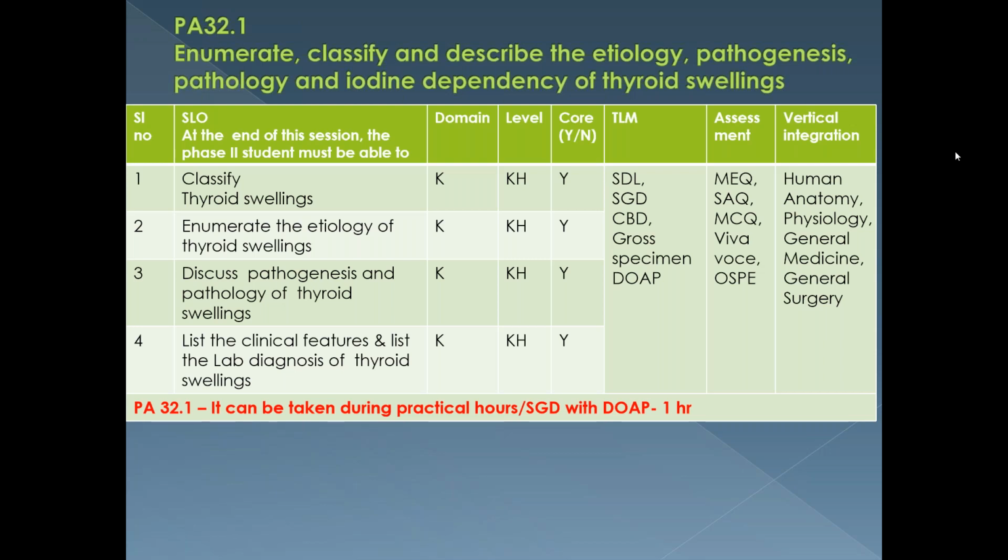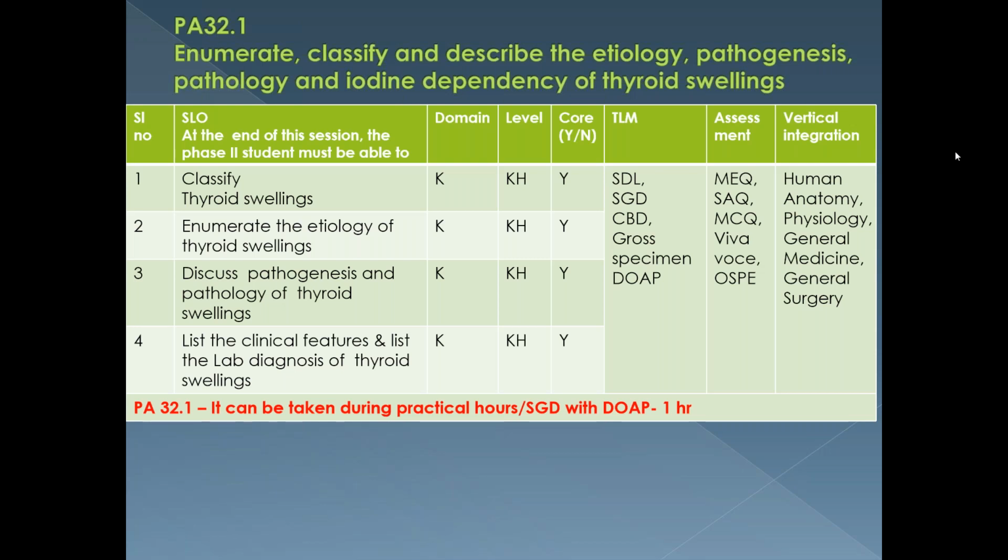Assessment methods would be modified essay type questions, short answer questions, multiple choice questions, Viva voce, and OSPE. And vertical integration has been advised with human anatomy, physiology, general medicine, and general surgery departments. So we can have an integrated session also if time permits with these departments.